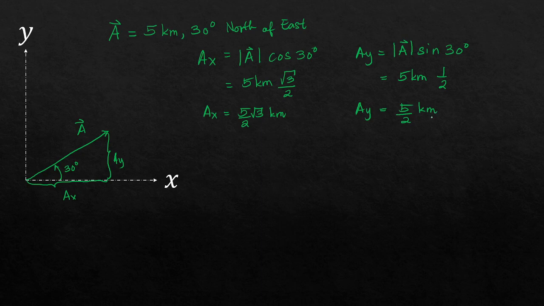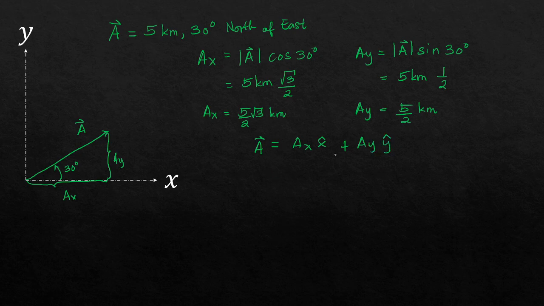So how can we now use this information to convert our Cartesian vector into a unit vector? From our definition earlier, we could say that vector A is actually the sum of AX along X hat and AY along Y hat.